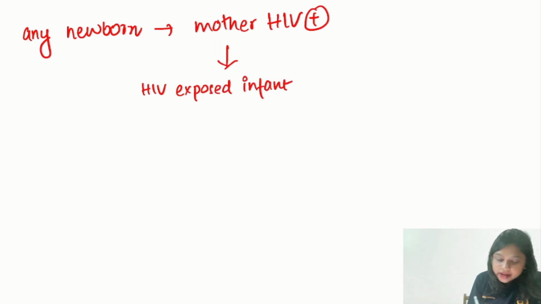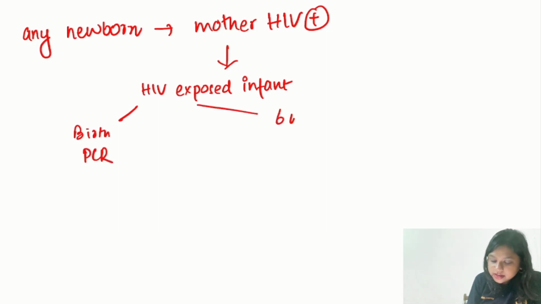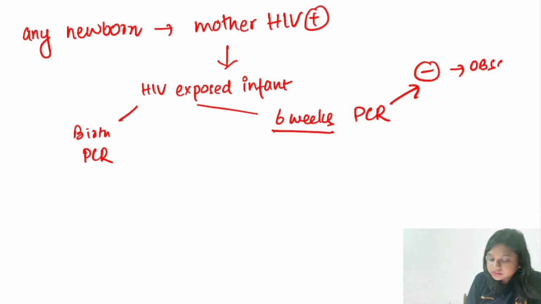Either at birth we can go for a PCR. If it is not done, then at 6 weeks, we are going to go for a PCR. If the PCR is negative, you just observe. If the PCR is positive, then you repeat the test in 6 months.